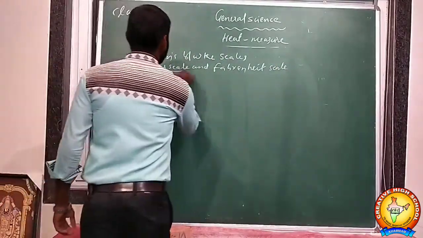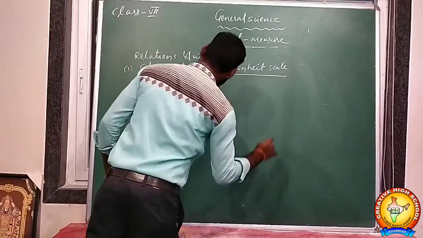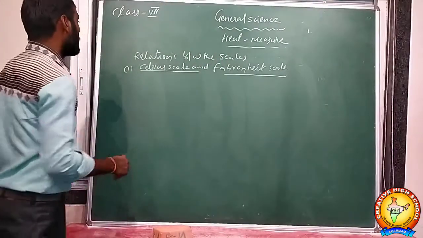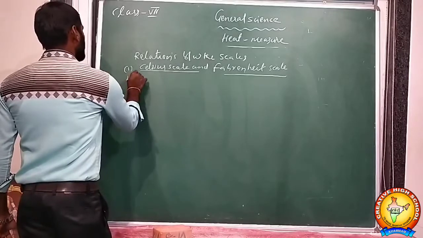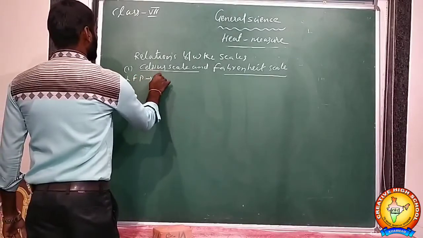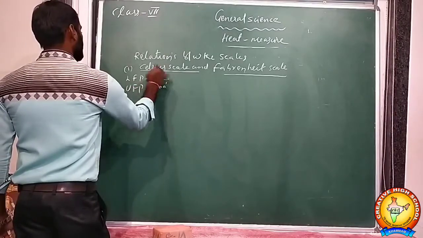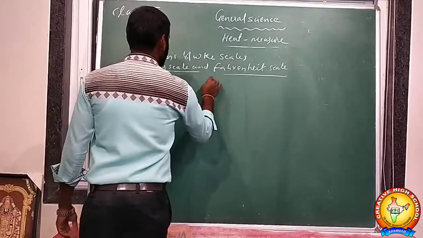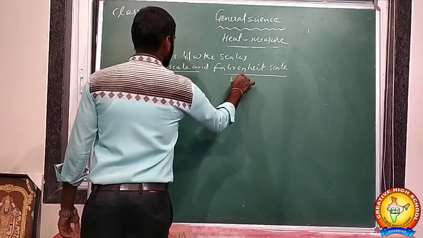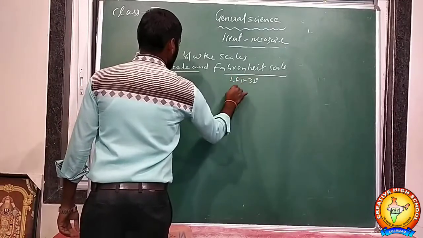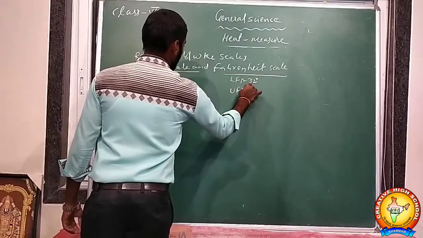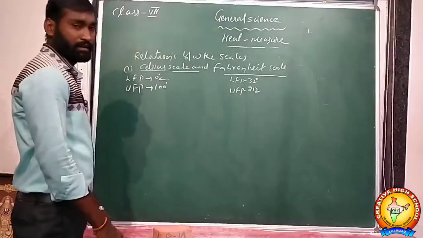In the Celsius scale, the lower fixed point is 0 degrees, and the upper fixed point is 100 degrees. In the Fahrenheit scale, the lower fixed point is 32, and the upper fixed point is 212.